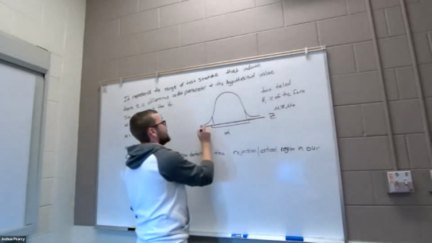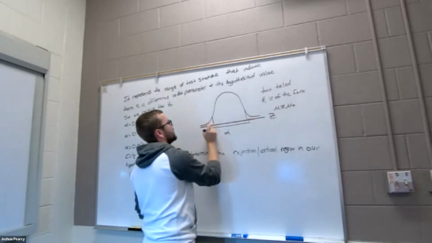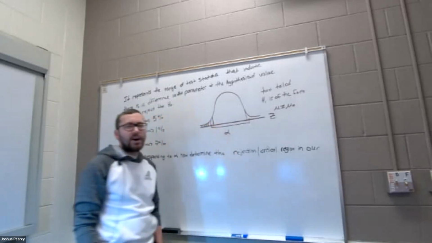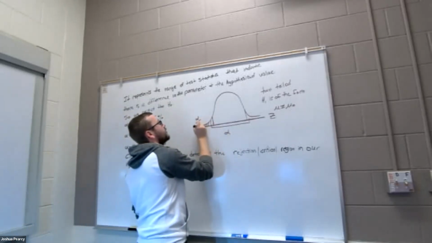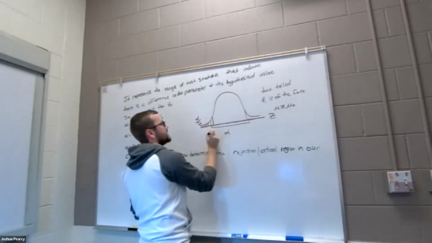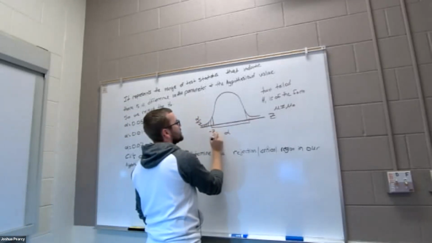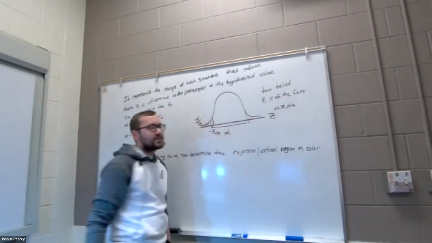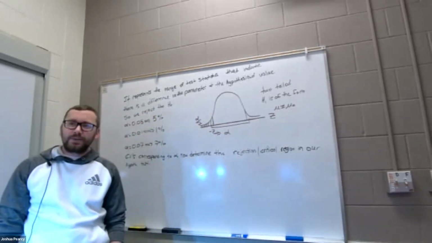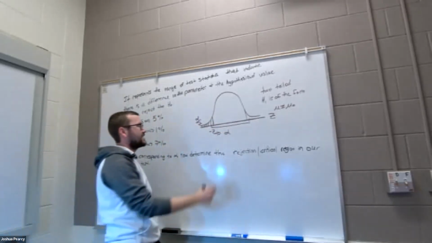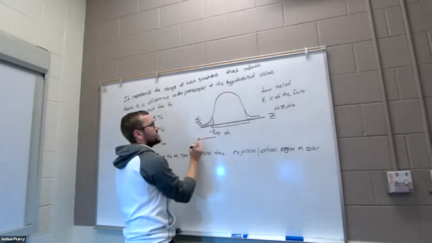Then the same idea is going to be the same as what we did last chapter. To find a critical value for a hypothesis test that's two-tailed, we're going to look at area of alpha over 2 to the left of some critical Z value. And that will determine the rejection region on the left-hand side. And we would reject the null hypothesis if we get a test statistic that falls within this region here.